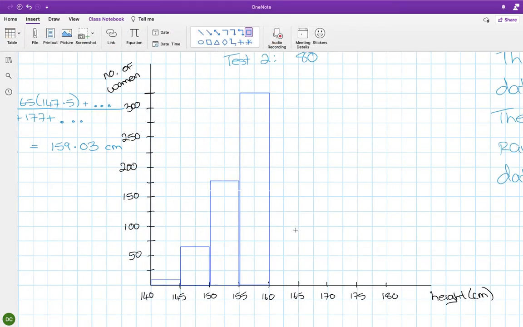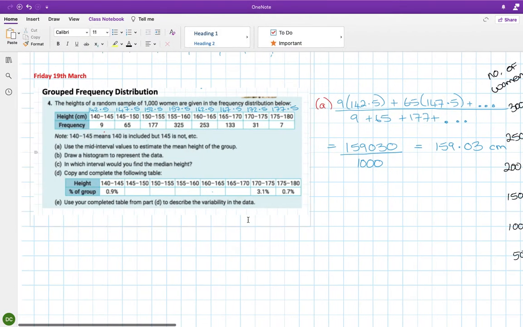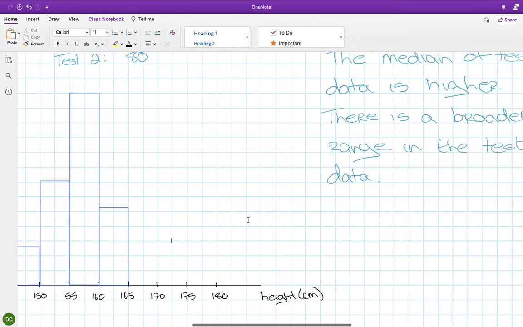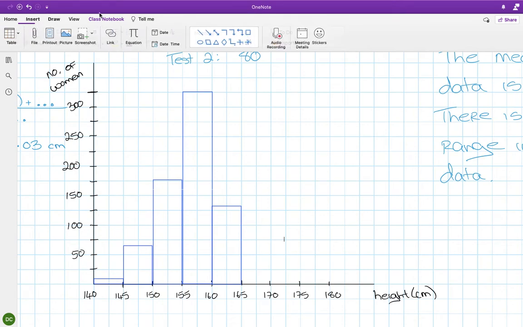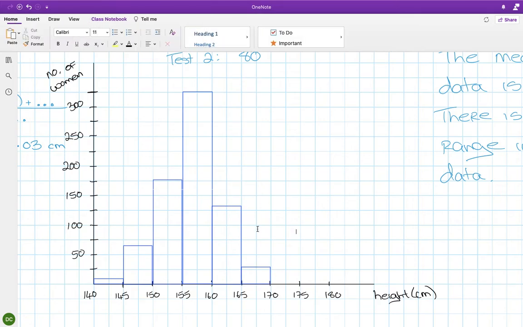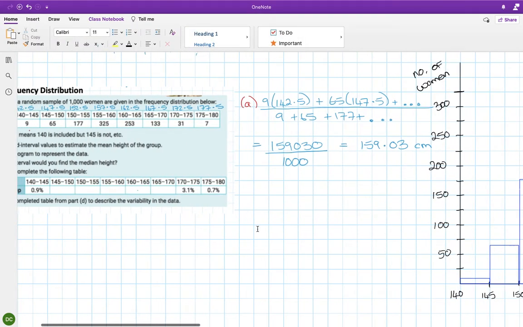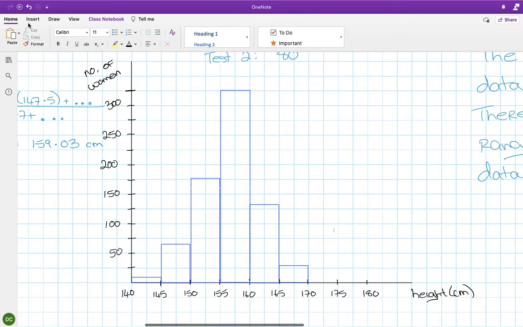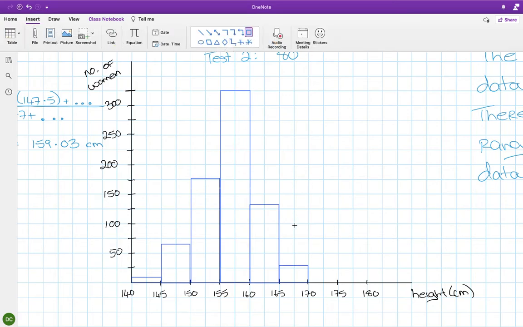Insert a box, 133. This is 125, so go a bit higher than that. 31, so we're right back down the bottom now. 25, 31, put there. And then the last one is 7. The first one was 9, so we need to be lower than the first one.